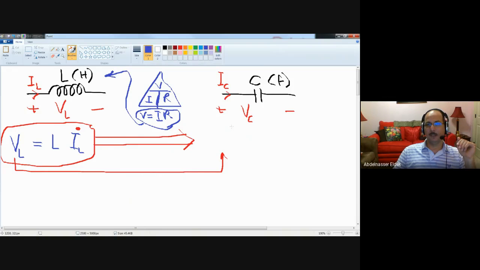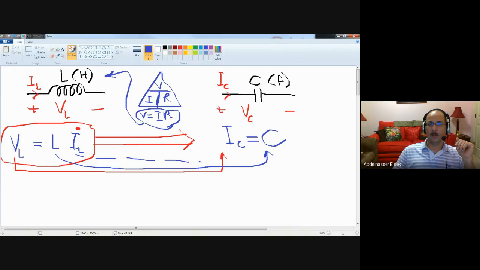Let me write it here: IC. Instead of voltage, we make it current. Then instead of L, make it C. And instead of I, the last one, it will be V. So VC.